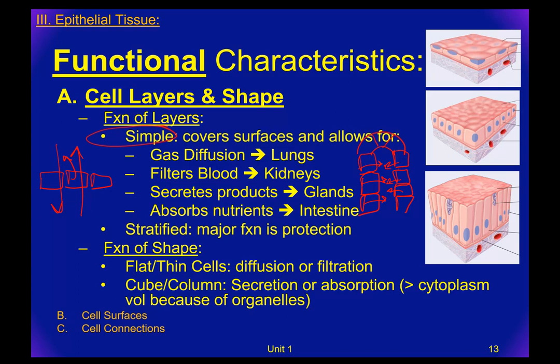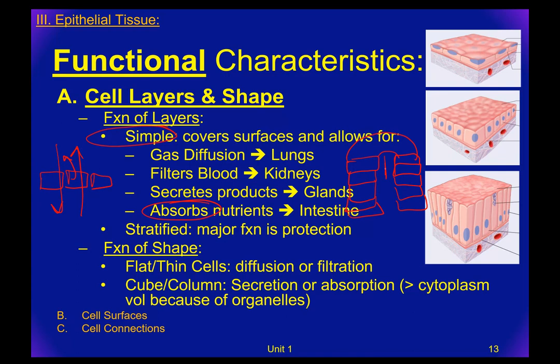And then finally, we've got absorbing. In the intestines, we have a single layer of columnar cells. So instead of having cuboidal cells in this tube that I just drew a minute ago, we have columnar cells. Again, pretend I'm an artist.